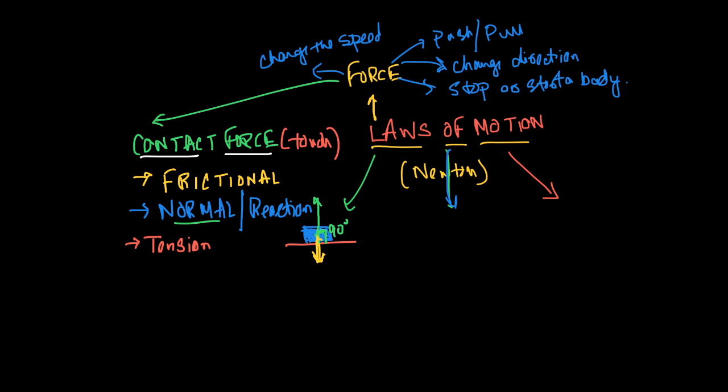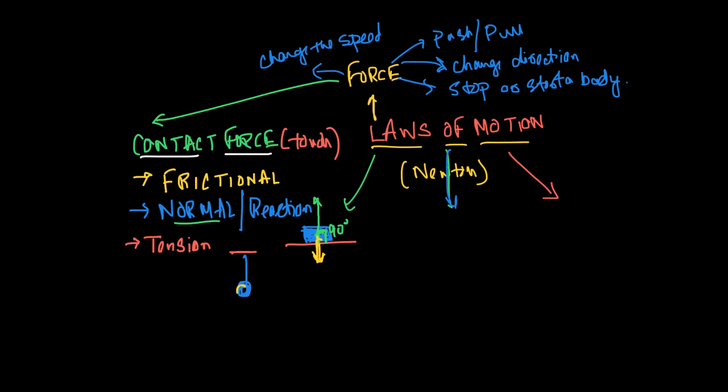But since you are pulling it, it is not able to do that. That is known as a tension force. For example, I have taken a ball, tied it with a string, and I am hanging it here.